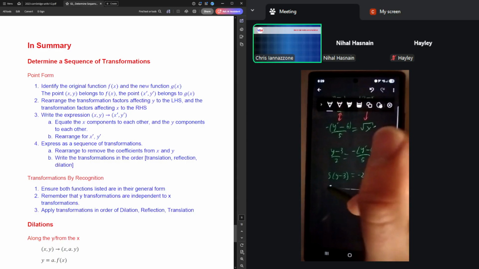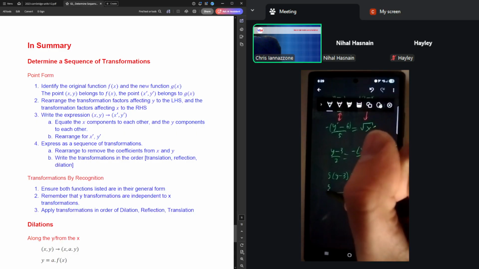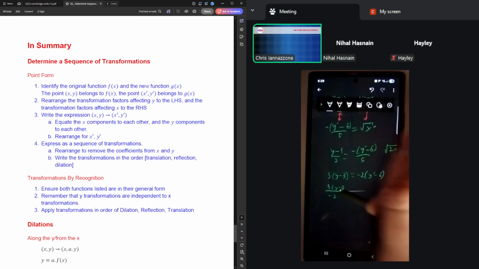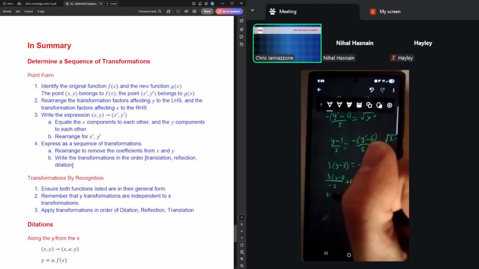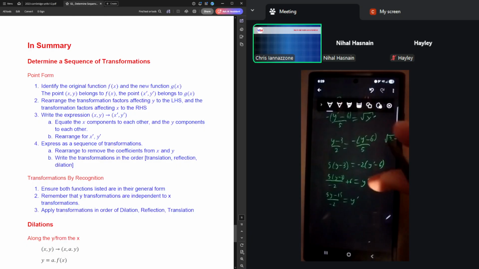Okay, so divide everything by negative 2 and add 6. So 5 over negative 2, y take 3, and then the plus 6 is going to go out there. 5y minus 15 over negative 2 is our y dash.